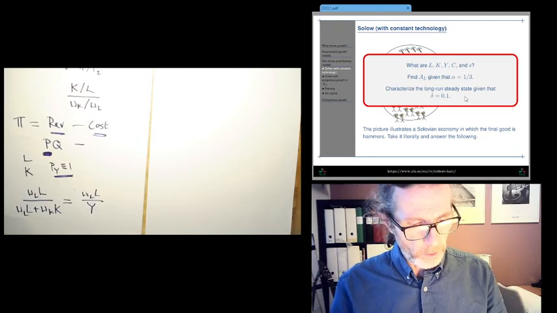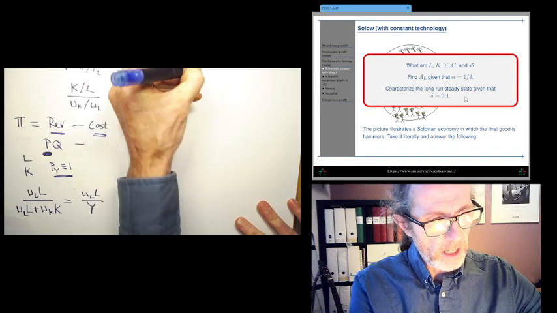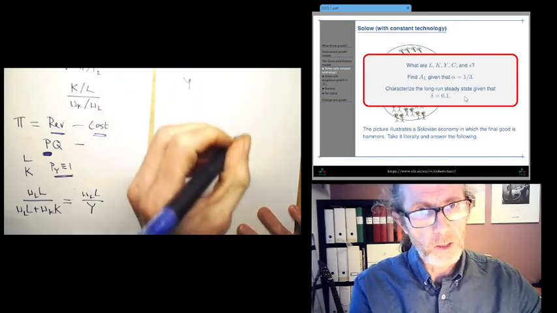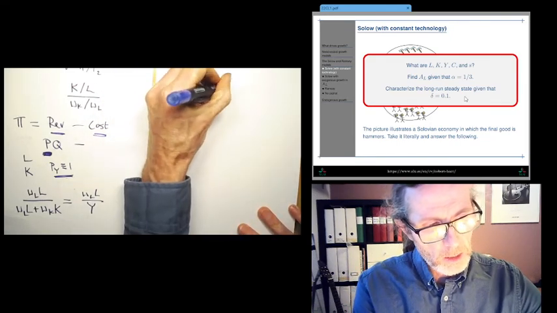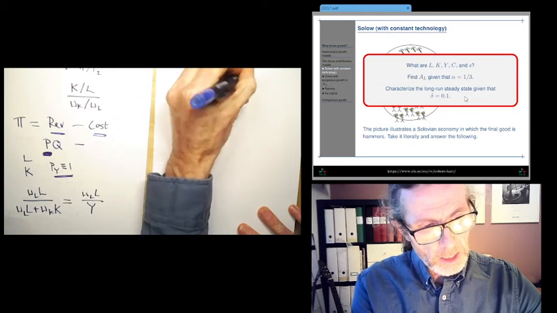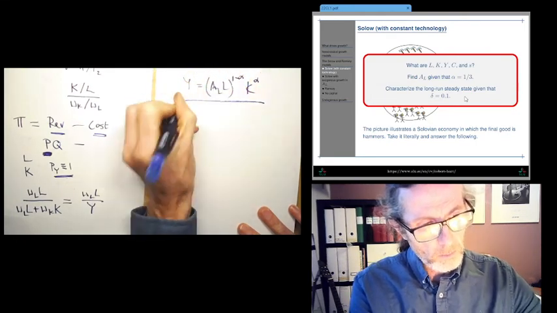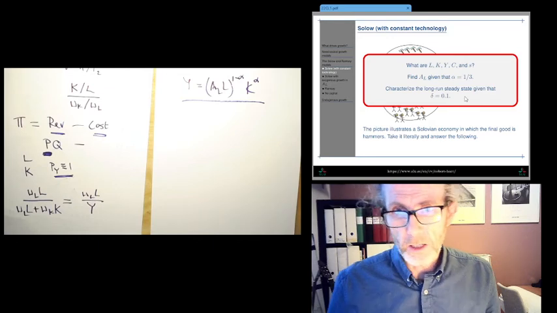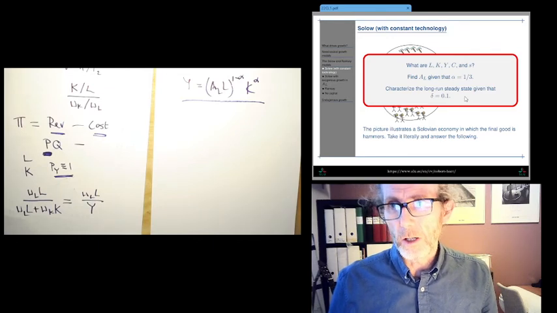Okay, so we're assuming throughout here that the production function is like this, yeah? The standard Cobb-Douglas form for the Solow model.